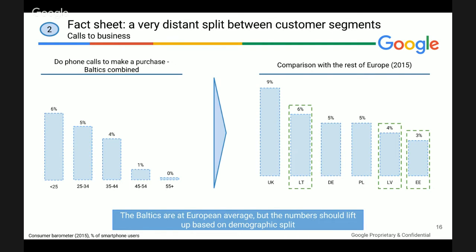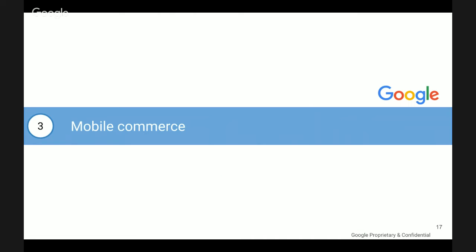At the same time, if we look at the right-hand side in the comparison with the advanced European markets, we see that the Baltics are still below average when it comes to conversions done by calls. However, if we take into account the demographic split, which means that the younger people are more willing to call the advertisers, we should expect the numbers on the right-hand side to rise in the upcoming years. So good opportunities are coming in the future.